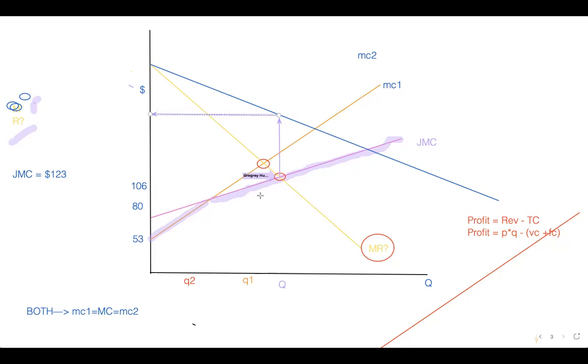And from the monopoly price, calculate the revenue that each of them earns. Okay, does that make sense, Brian? Does anybody have any questions about that?